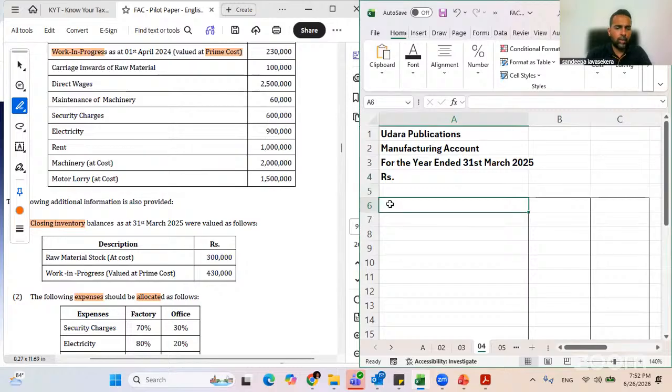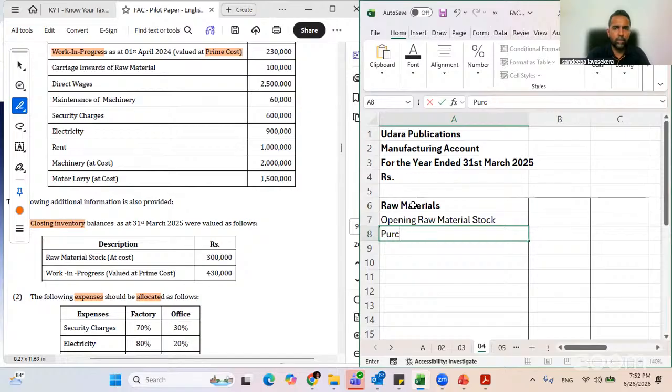We start with raw materials. Opening raw material stock. Purchases. Then carriage inward can be there.